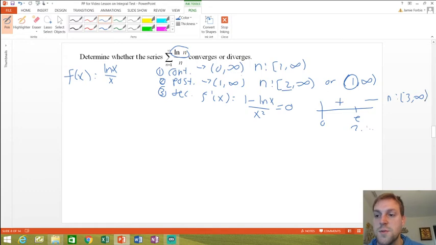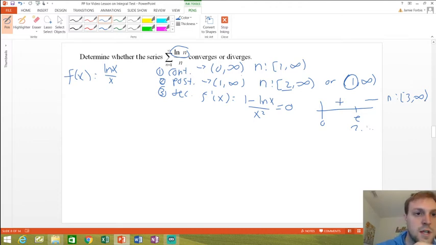It's a little bit of a stretch because at n equals 1 and n equals 2 it's increasing, but from that point on the sequence is decreasing, so ultimately decreasing. So we showed all 3 of those criteria. We're good to go. We can go through the motions of doing the integral test.